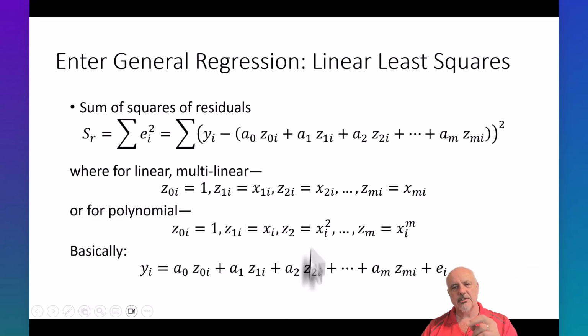The z2i is going to be the second x coordinate, or the x squared if it's a polynomial, and so forth. And then the e is going to be just whatever the residual is for that particular y data point.